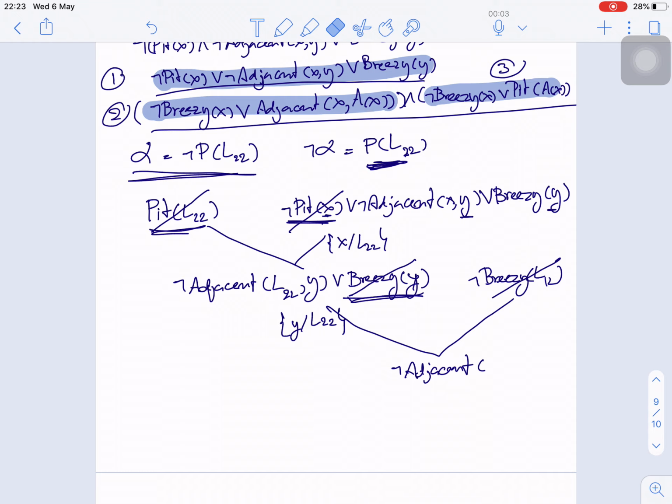So the result will be adjacent L22 and L12, right? But you know that L12 and L22 are adjacent.